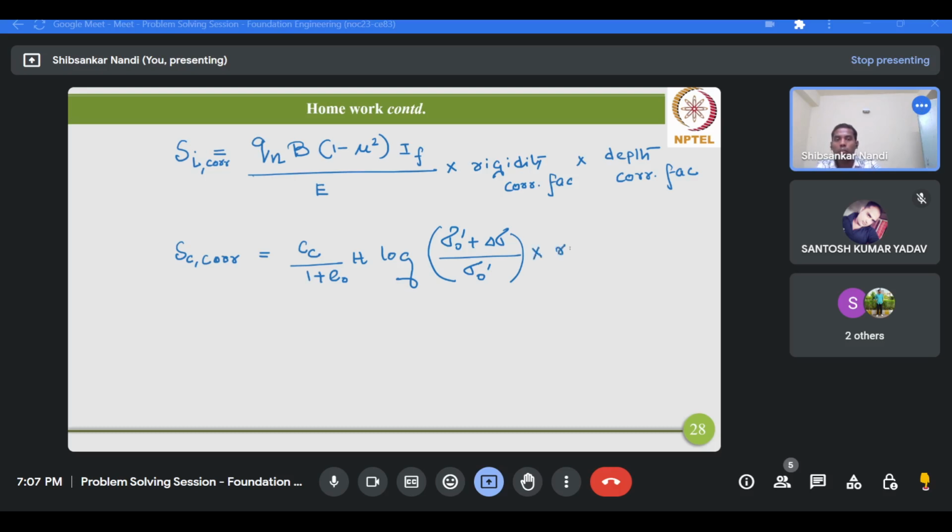Then you have to multiply with three different correction factors: the rigidity correction factor, the depth correction factor, and the pore pressure correction factor.